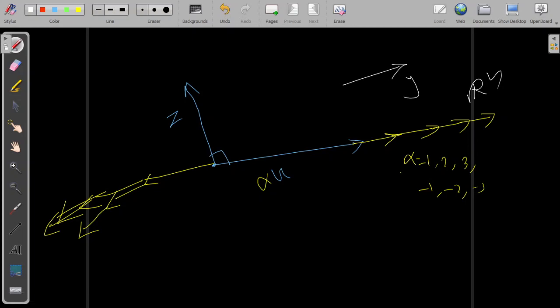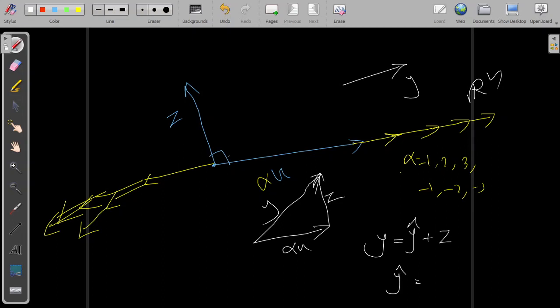So I'm considering another vector y, so that I can give rise to this y vector like this. This is alpha u, and z joined together gets another vector y. That means y equals y cap plus z, where y cap is equal to alpha u.